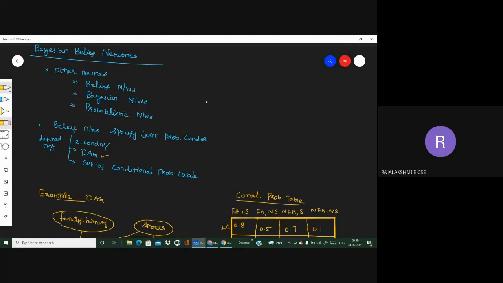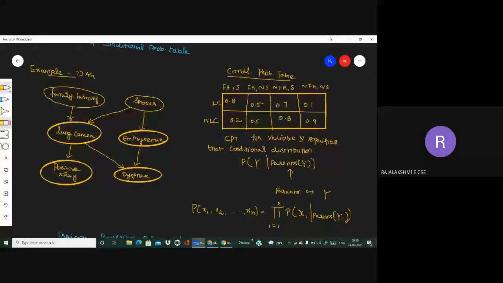Acyclic graph. Yes, it is a directed acyclic graph. So this Bayesian belief network can be defined by using these two: one is the directed acyclic graph, another one is a set of conditional probability tables. So let's see the example for this DAG. DAG is a directed acyclic graph.